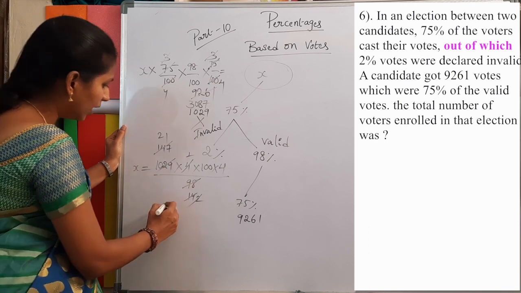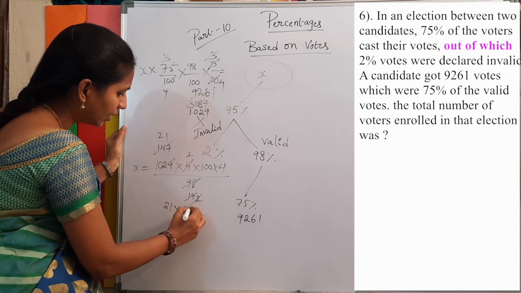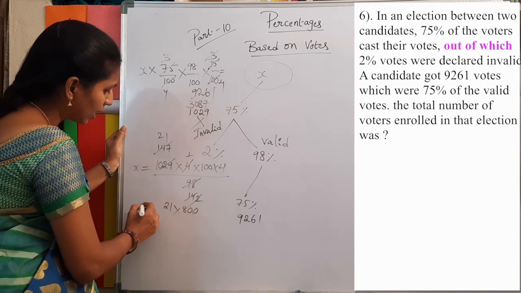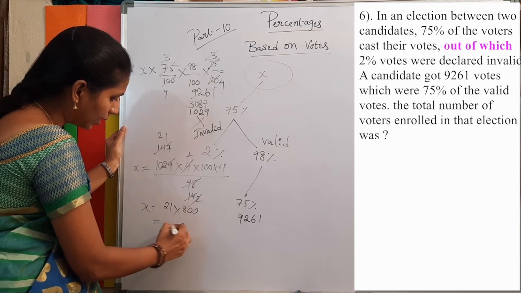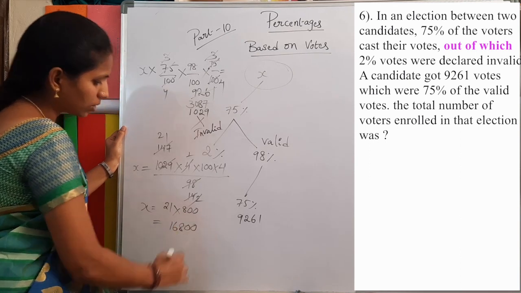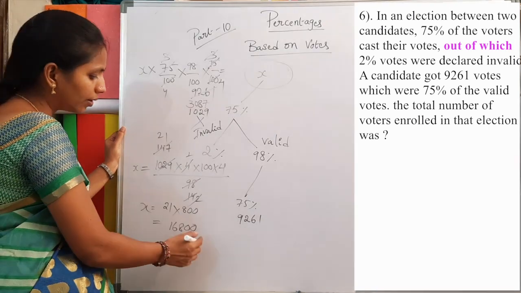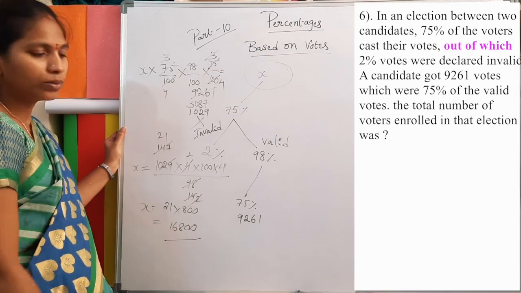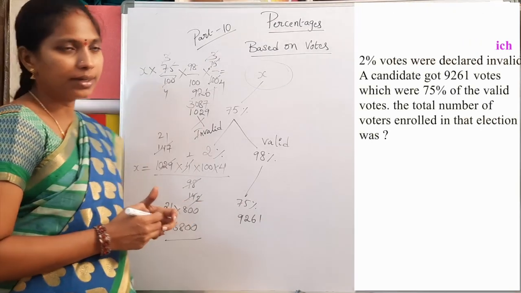Now 21 into 800. Okay, X is equal to 21 into 800. That equals 16,800. This is the result. Total votes are 16,800.